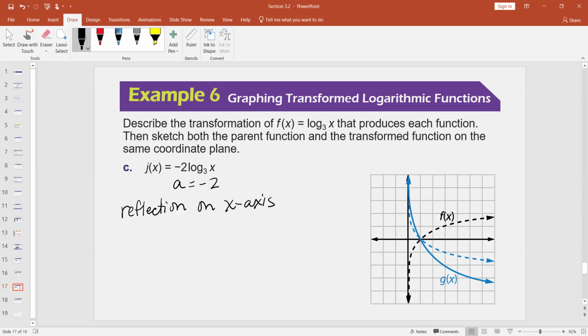Then it's vertically stretched by a factor of 2, and we can see that as well. Obviously, the x-intercept is not changed, but every point has been stretched by a factor of 2.